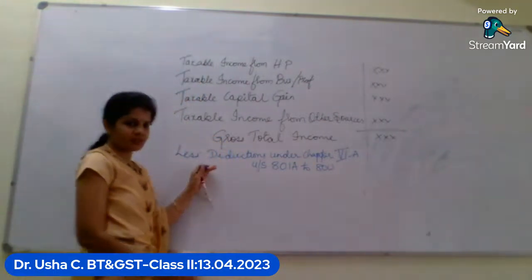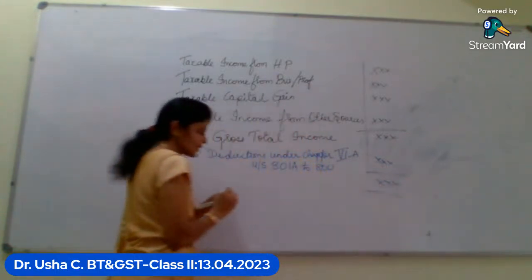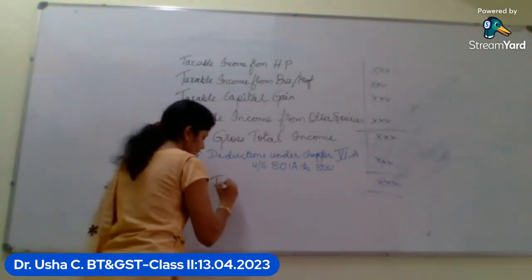After giving deduction, the balance that we get is called the total taxable income.